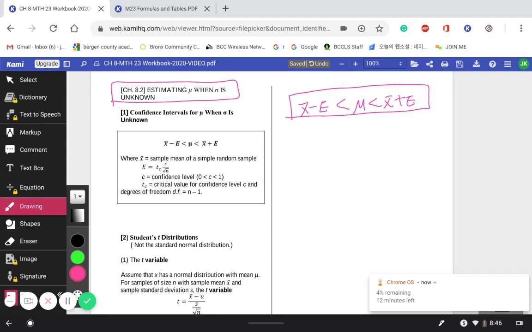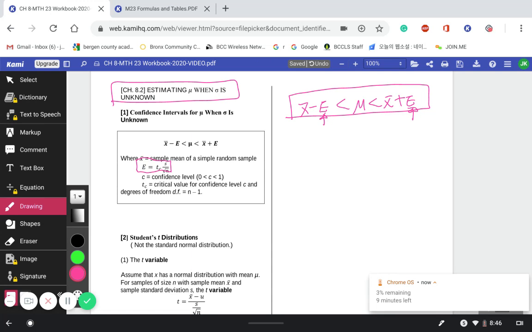So how do you find the margin of error when sigma is not known? You use t of c times s divided by the square root of n.